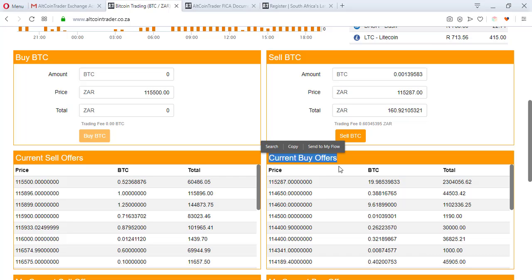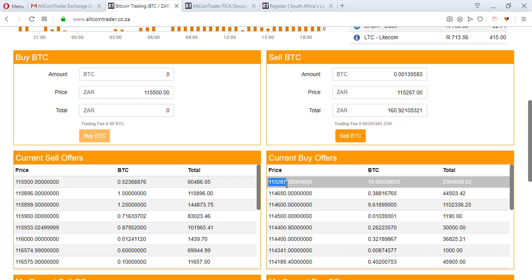So right now I just want to sell my Bitcoin with the current price because I don't want to wait, okay? So when I'm selling the Bitcoins, I am going to sell it to the person who was going to buy it with the most price on the market, right? So the most price on the market is 115,287, and the system automatically puts the most price here.